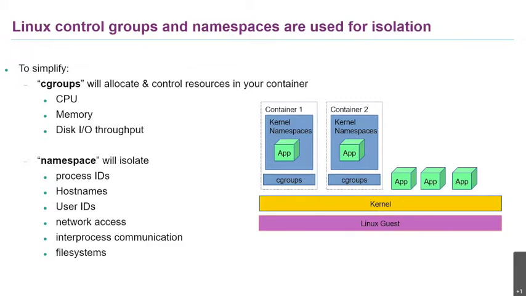Bringing those capabilities together makes it possible to isolate applications and allocate CPU, memory, and disk I/O, for example, from a cgroup perspective, and namespaces will isolate based on process ID, host name, network access, file system, user ID, and so on. So these are very important to have those containers running side by side, for example, with the same application, but it doesn't have to be the same application, but a container itself is isolated.